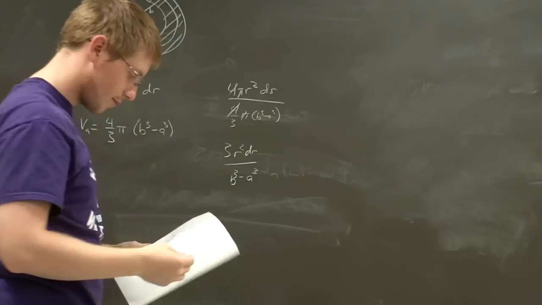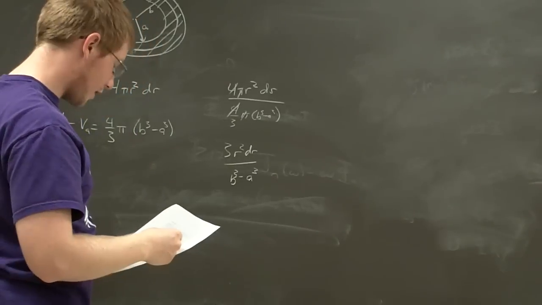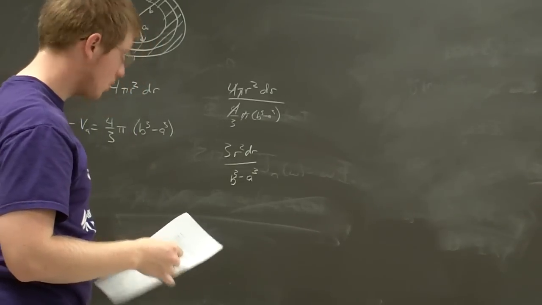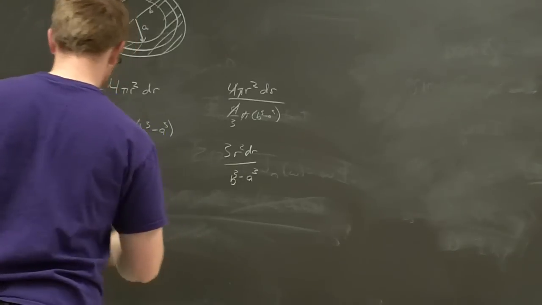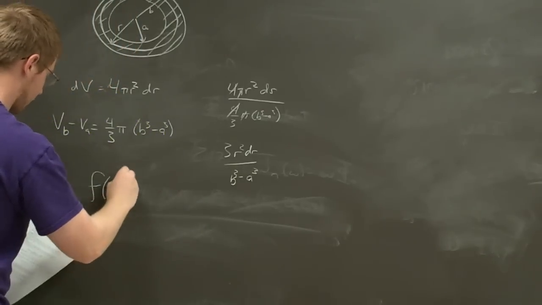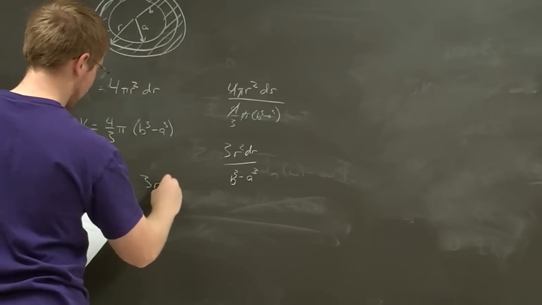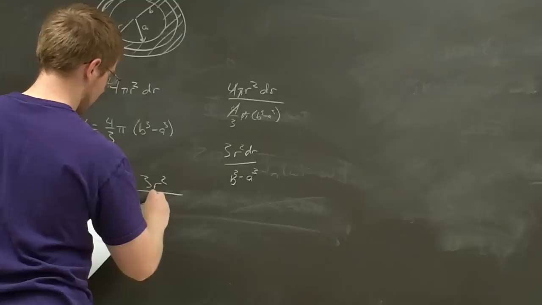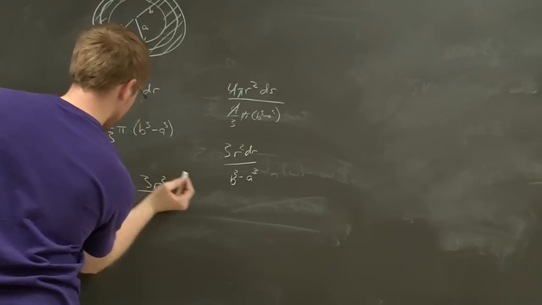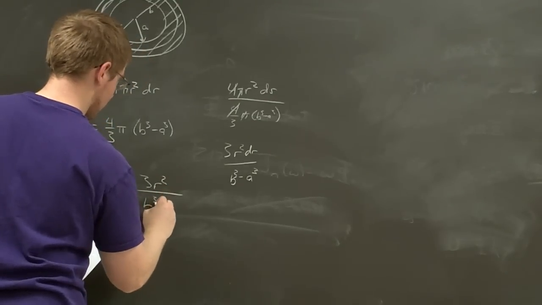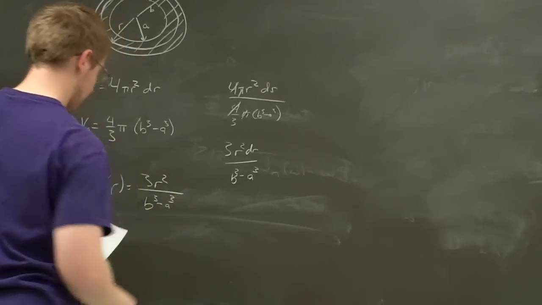Is that right? So this is the PDF, probability density function. We'll just call that f of r, equal to 3r squared over b cubed minus a cubed.